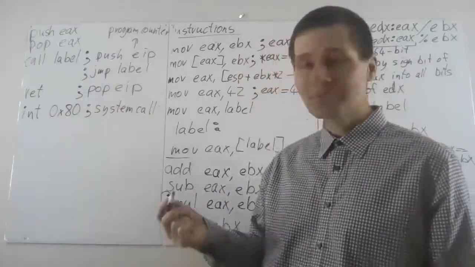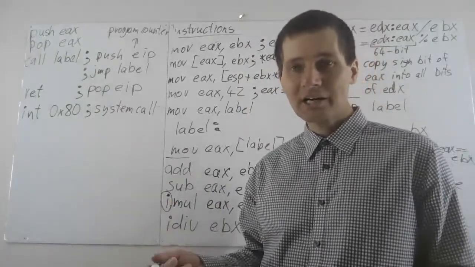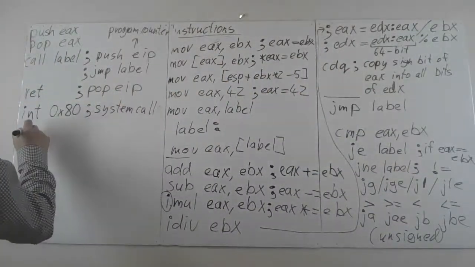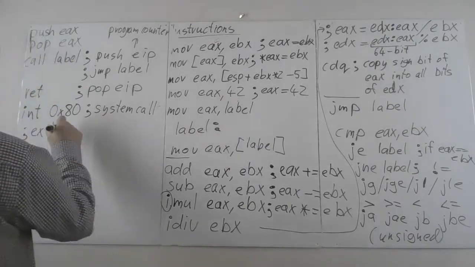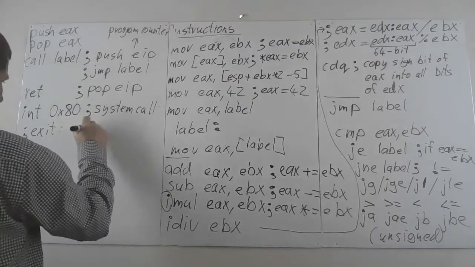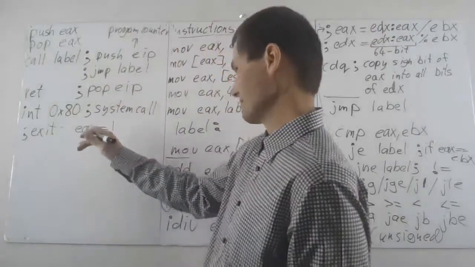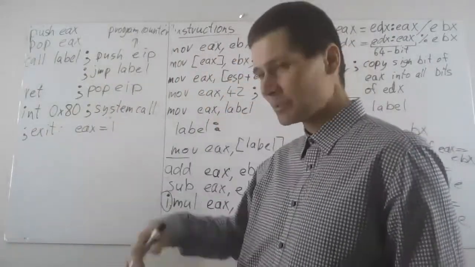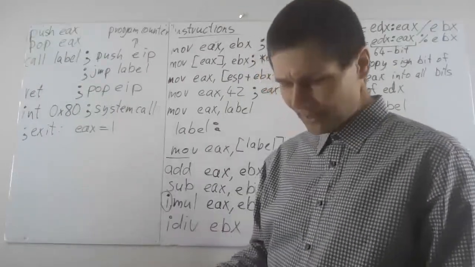In your case, the most important one, or really the only one that you pretty much need to worry about, is the exit system call. So if I want to exit my program, I need to set EAX to the value 1, and that designates the exit system call. If I set it to a different number, that would cause the operating system to do something else.